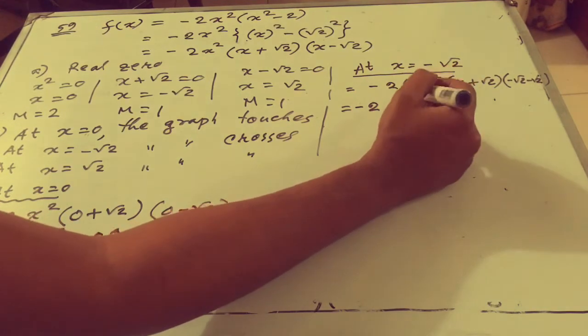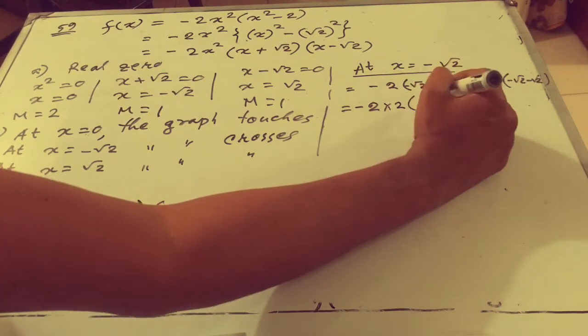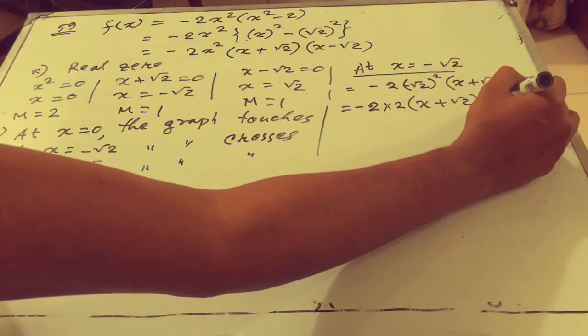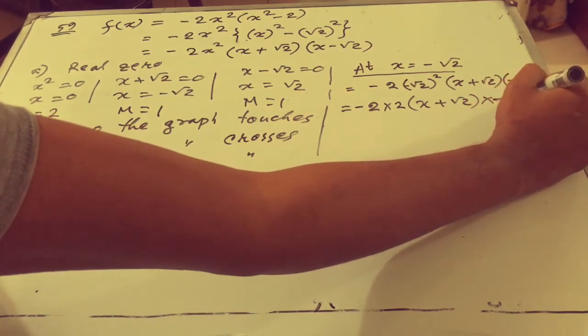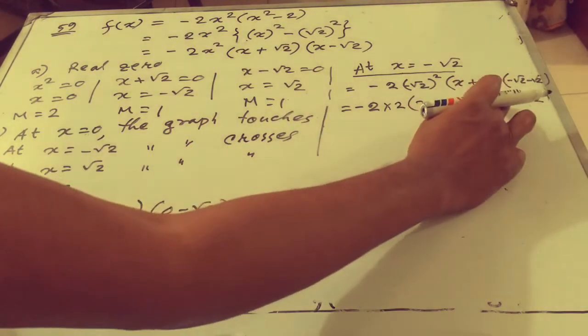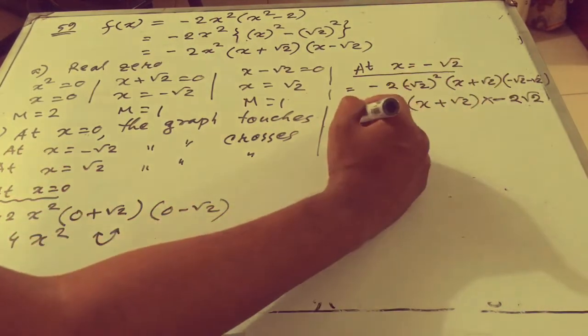Actually we can do it directly also. Minus root 2 whole squared means 2, then x plus root 2, and from this we get minus 2 root 2. If we do the whole calculation, it becomes minus minus plus, 2 into 2 into 2 equals 8.